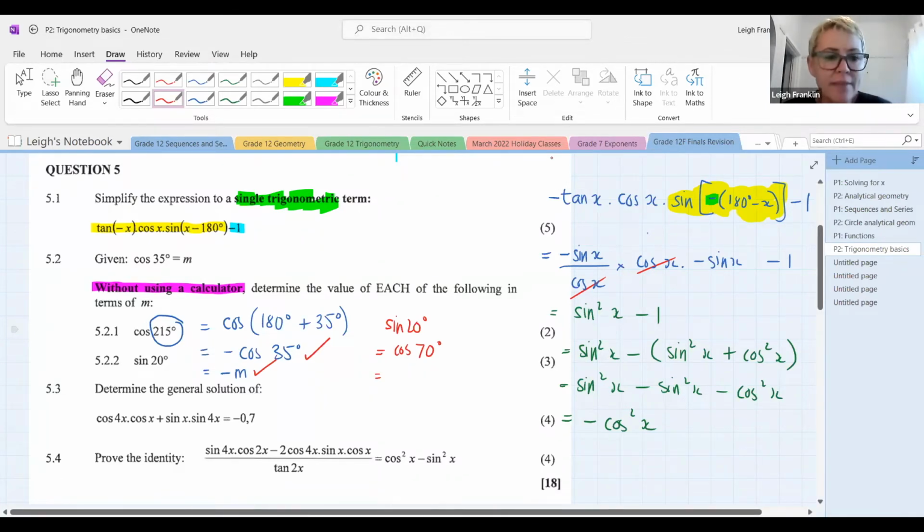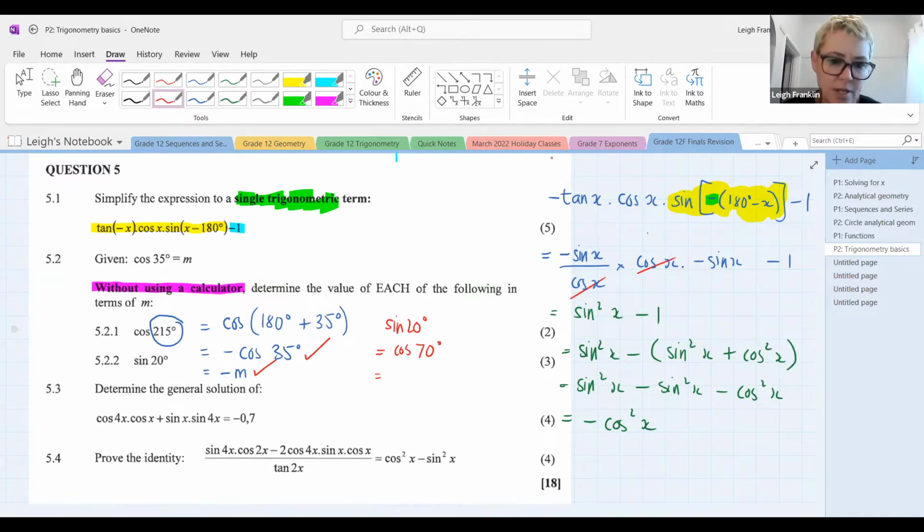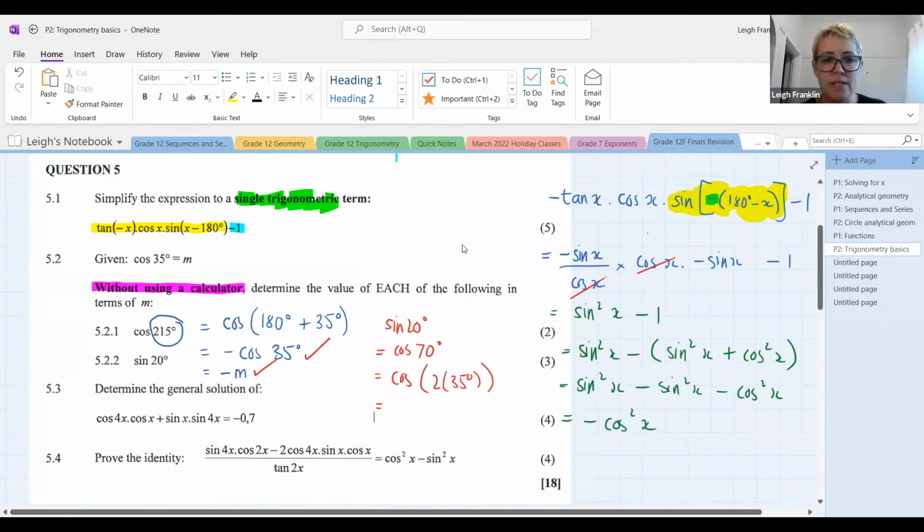Absolutely. So I think this is the easiest way to do this particular question: write sine 20 as cos 70, and then of course we know that 70 is 2 times 35. So now we can use one of our double angle formulae, one of the angles from up here. Whether we use the first, the second, or the third, I don't think it really matters.